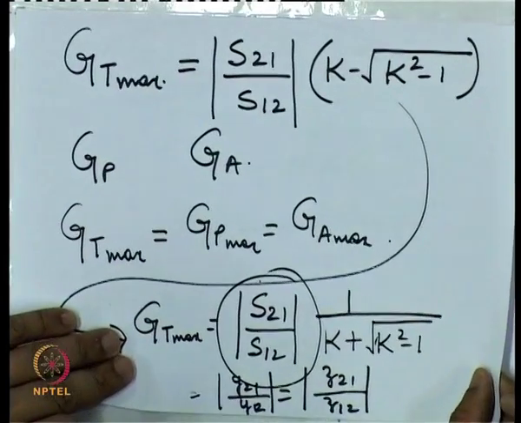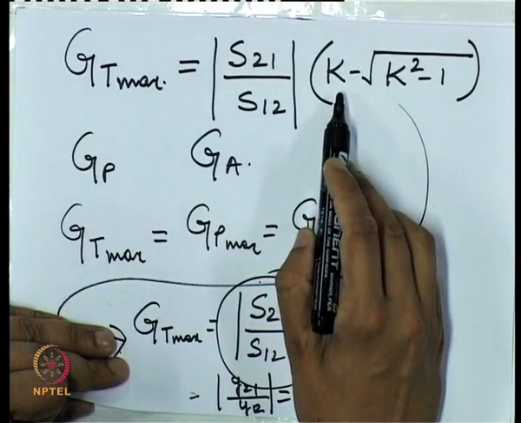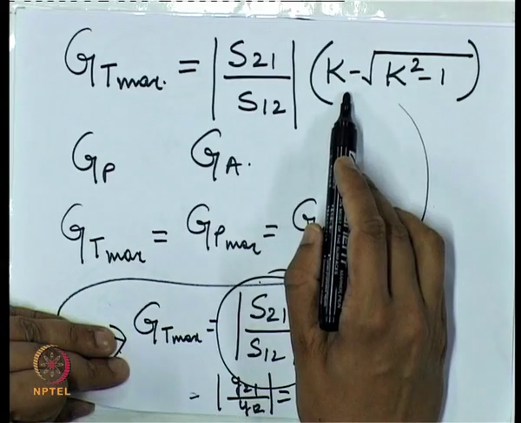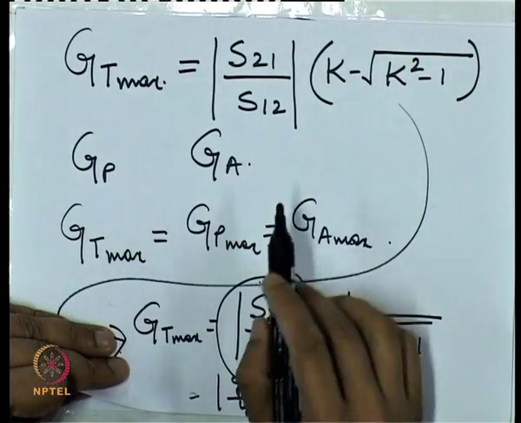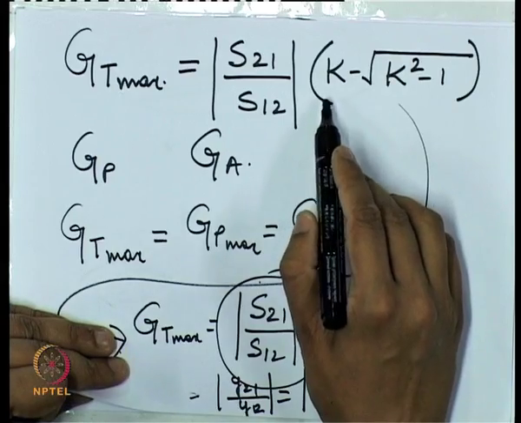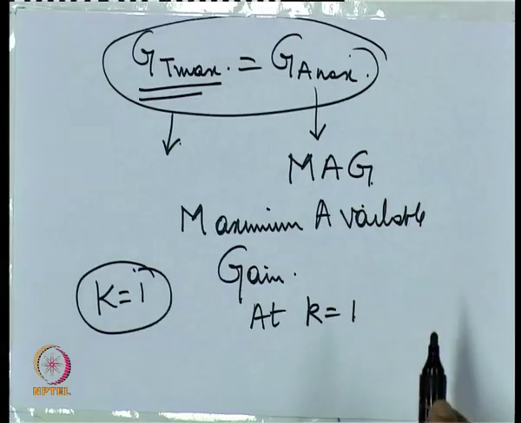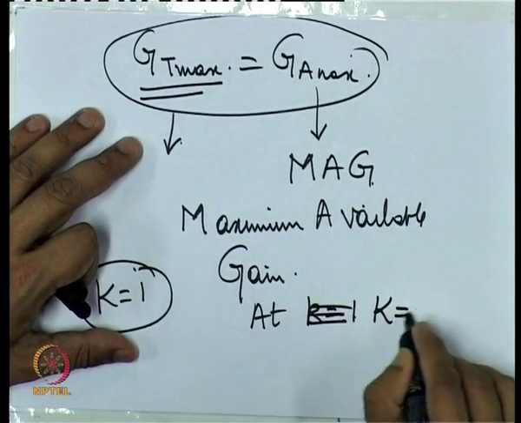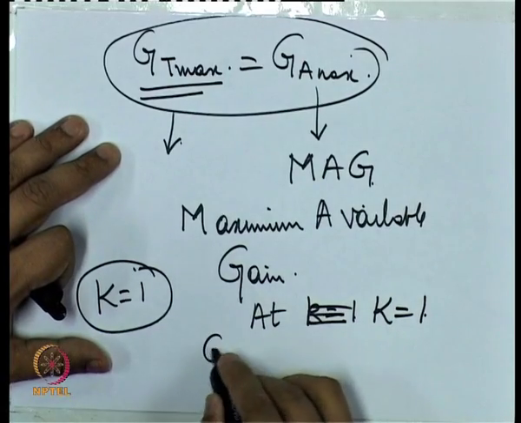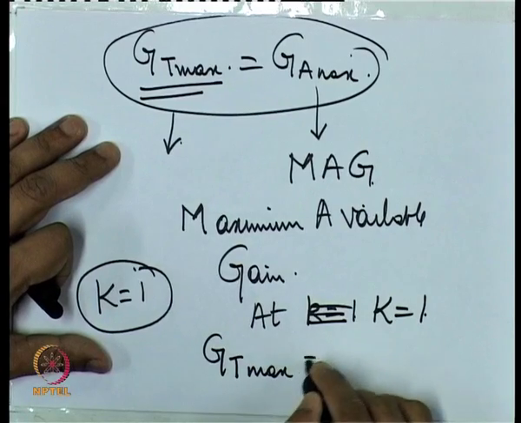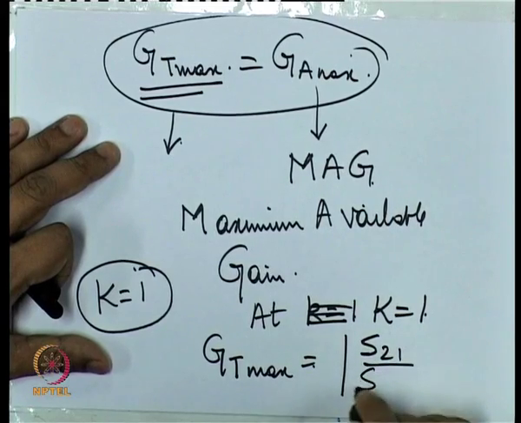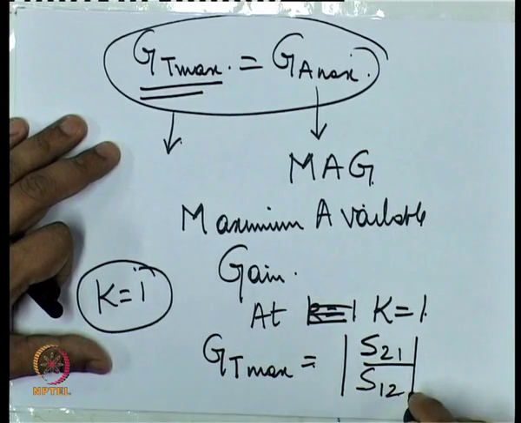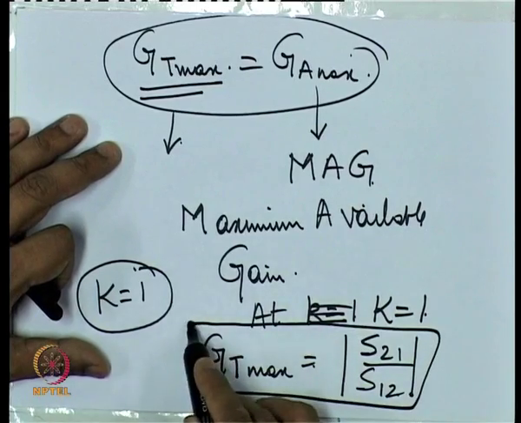So if we come back to the previous slide, this GT max is related to K. K comes into this equation, and this K is the same value as the K that we discussed while discussing stability. Now at K equal to 1, GT max becomes simply equal to S21 upon S12. That's it.